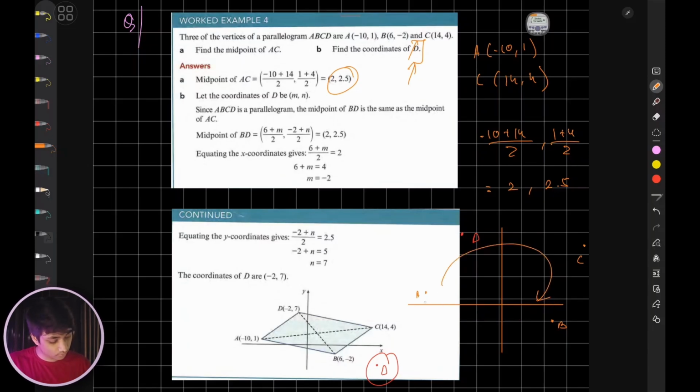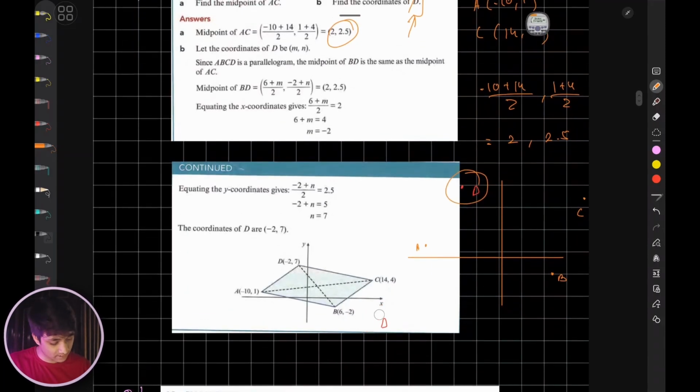For it to be clockwise like this, B should have been over here, but B is not over there. So it's going to be anti-clockwise since A is over here, B is over here, C is over here. Consequently, D is supposed to be over here. Hence, if you look at their diagram, notice D is exactly over here.